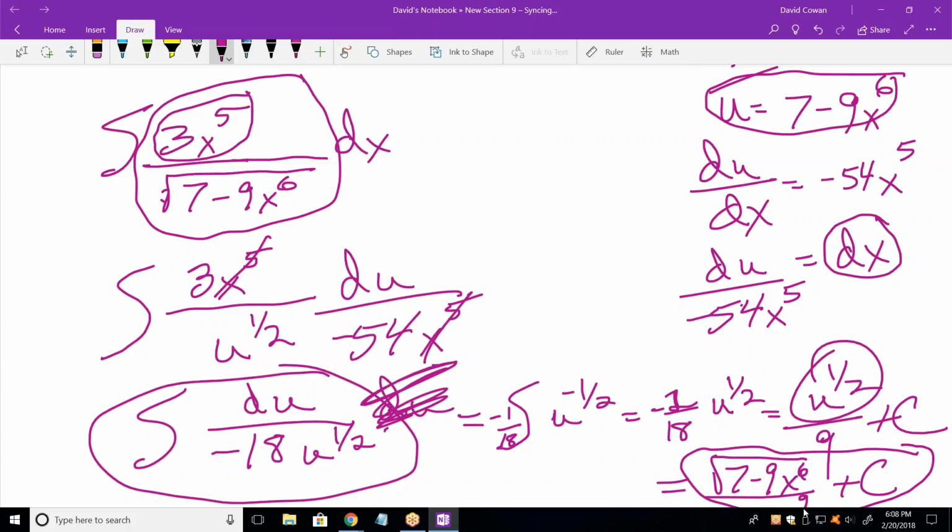If I take the derivative of that answer, applying the chain rule and power rule, I'm going to get back to that answer perfectly. Because notice that I'm going to have to multiply it by the derivative of the inside. And the derivative of the inside is that minus 54x to the 5th. Divide that by 9, and you should get back to that. Unless I made a math error, which is always possible.